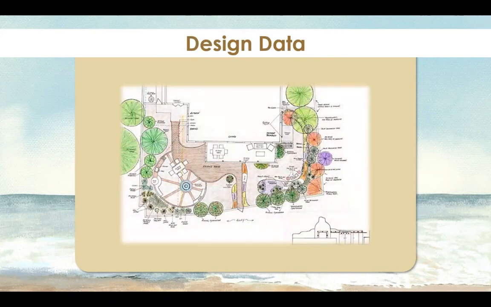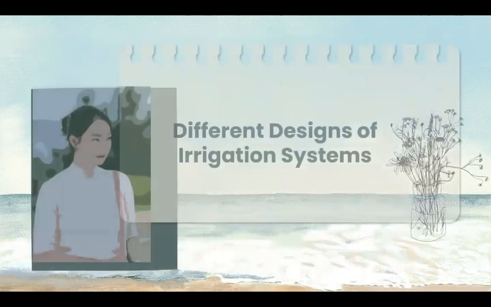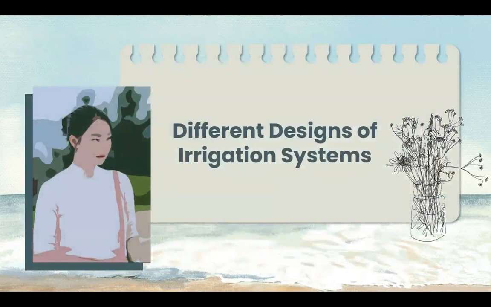Number six, design data. The nozzle selected, operating pressure, discharge rate, and sprinkler spacing ought to be in the plan. The irrigation interval, set time, application rate, and net amount applied need to be calculated as well. Now let's talk about the different designs of irrigation systems.